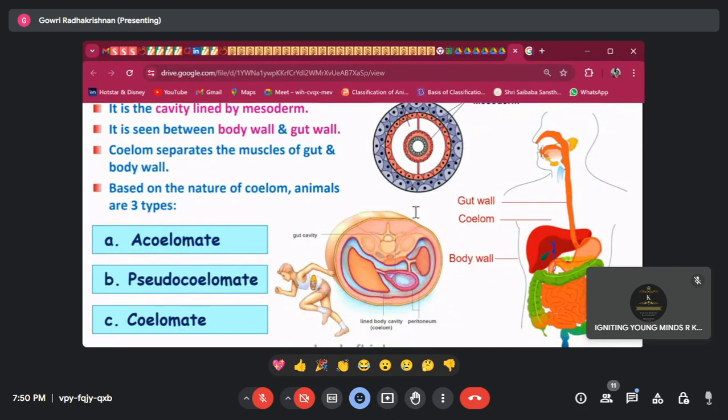Acoelomates are the ones which don't have a body cavity. Pseudocoelomates have something similar to a body cavity, but actually it is not a body cavity. Coelomates are the true coelom possessing animals.